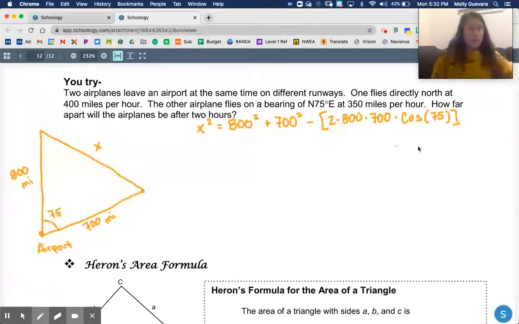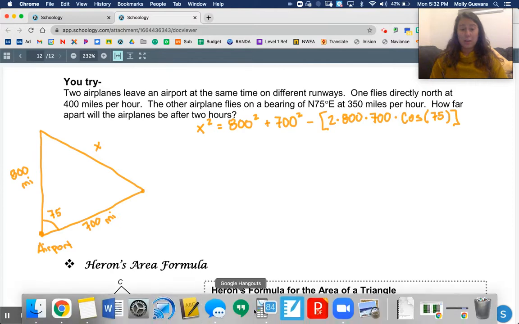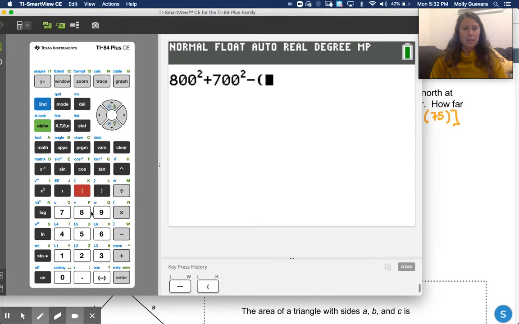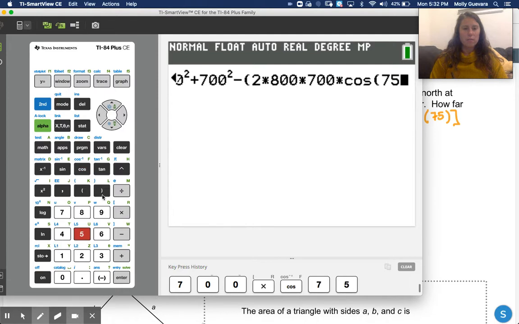And again, this is something that I can just straight enter into my calculator. So let's go ahead and do that. Okay, so 800 squared plus 700 squared minus, and I always like to put this in parentheses, right? 2 times 800 times 700 times cosine of 75.